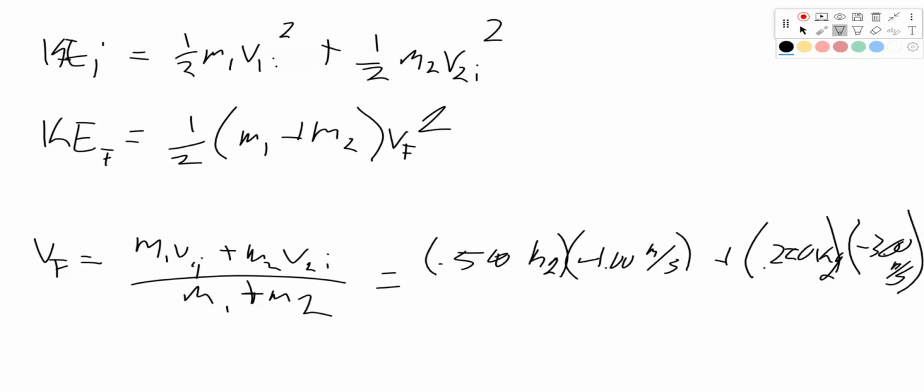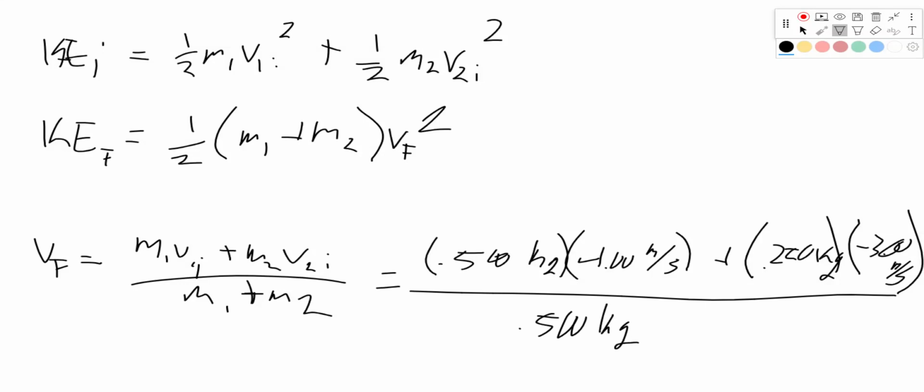I'm going to make that one negative because it's our convention that right is positive and left is negative. And we're going to divide then by 0.500 kilograms plus 0.250 kilograms. And what we should come up with then for our velocity final is 1.67 meters per second, and it's positive, which means these objects are going to move to the right.